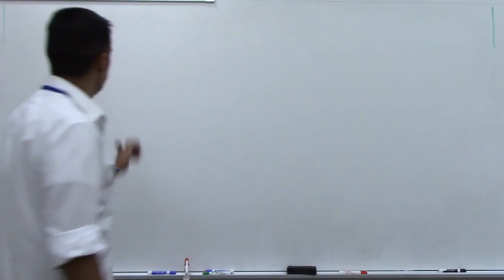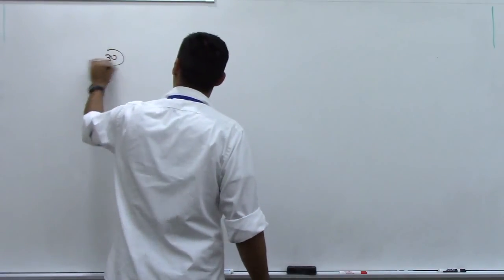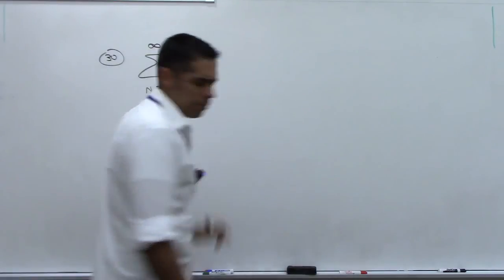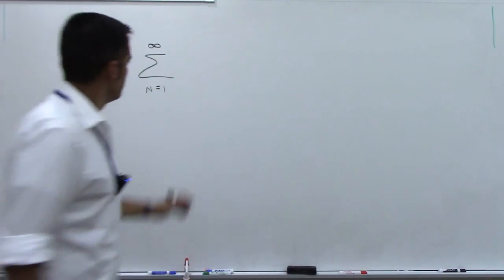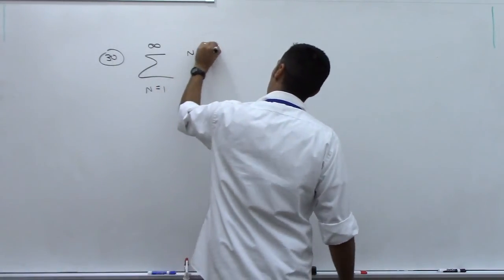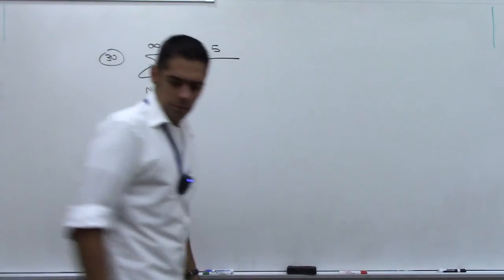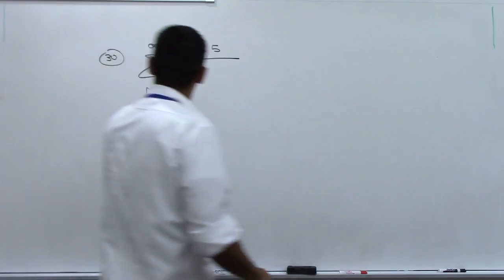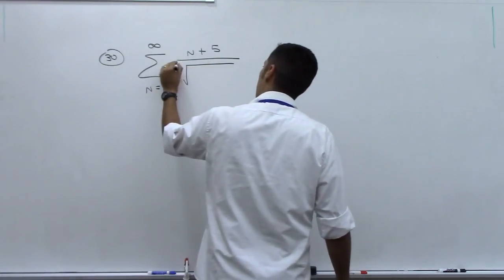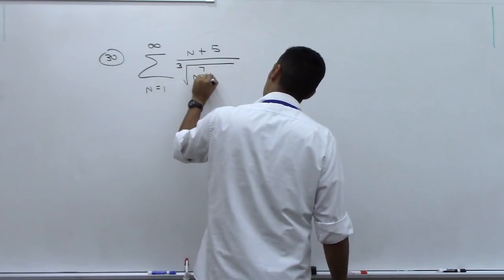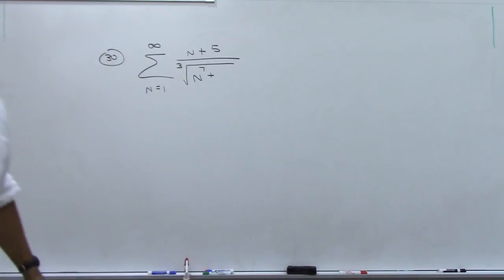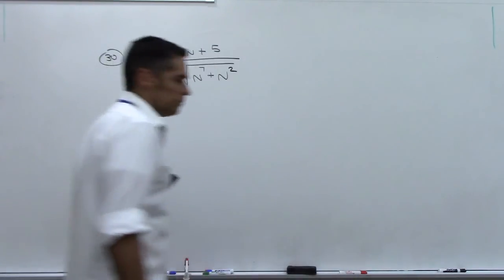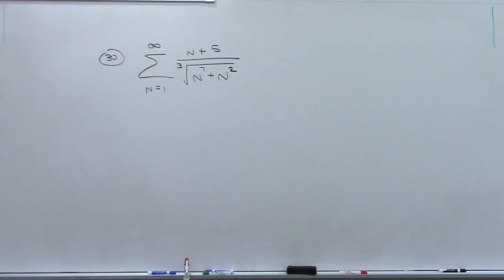Sum n equals 1 to infinity of n plus 5 over the cube root of n to the 7th plus n squared. And that's not very good looking, is it?